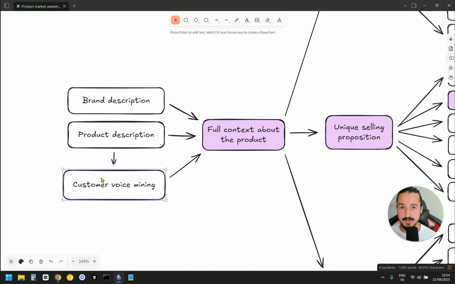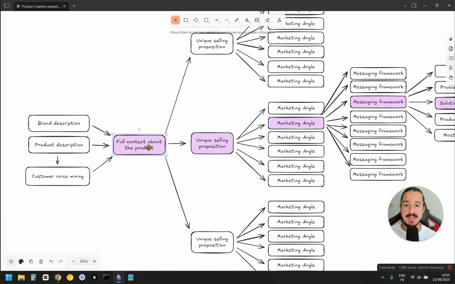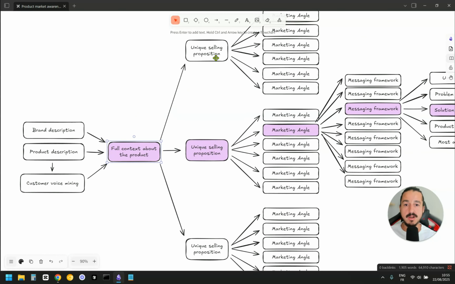We are going to gather all this information and we feed it to AI every time we generate new copy. So that gives us the full context about the product. Then from that, we are using AI or not to generate different unique selling propositions.